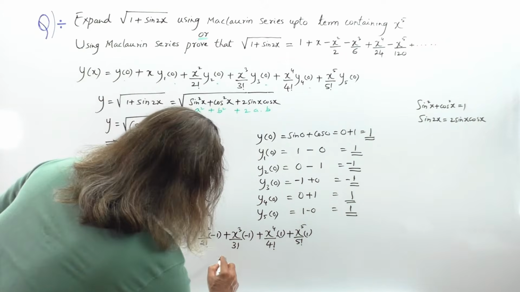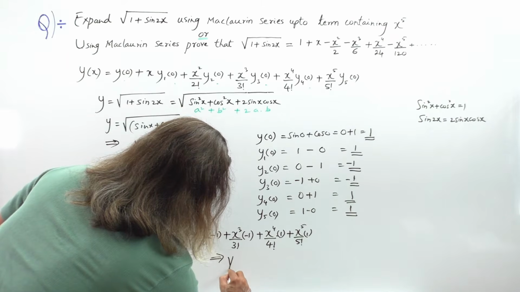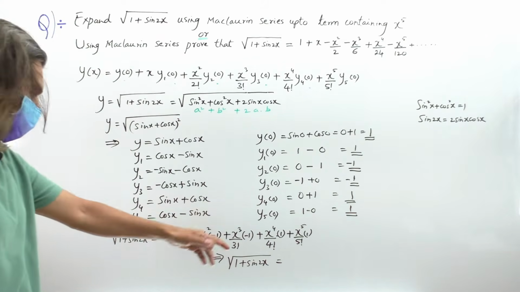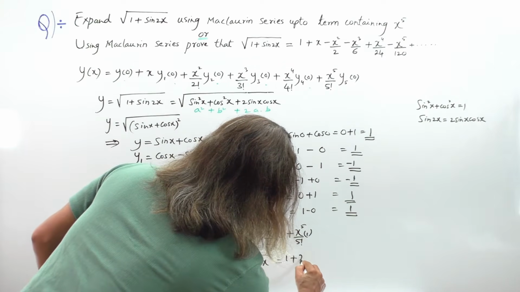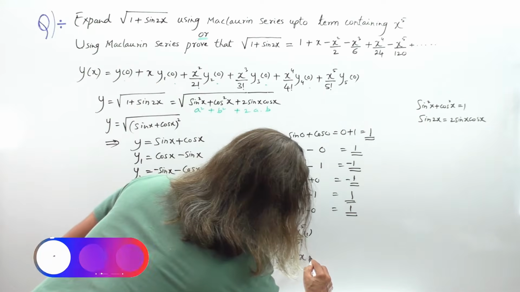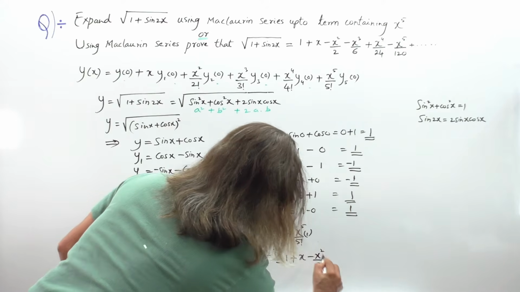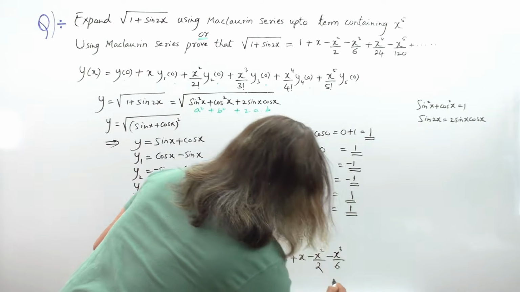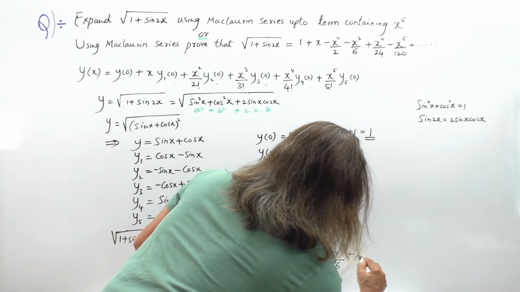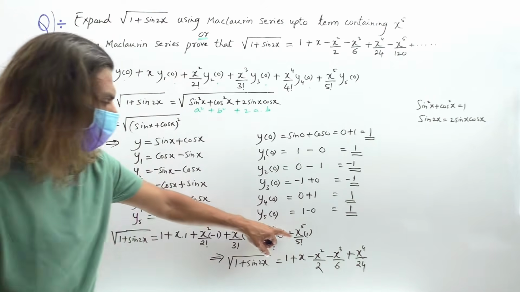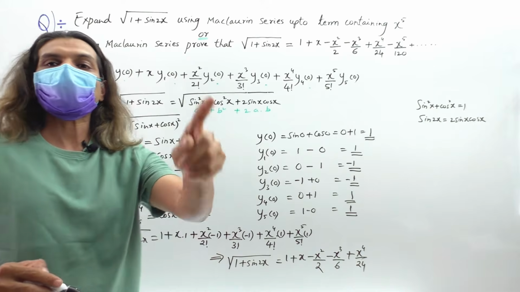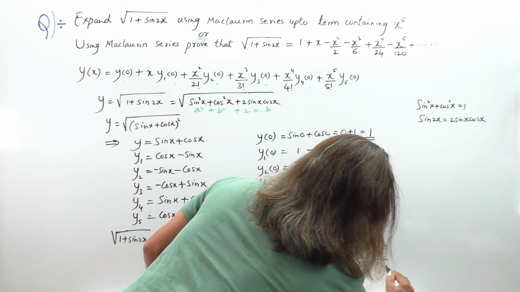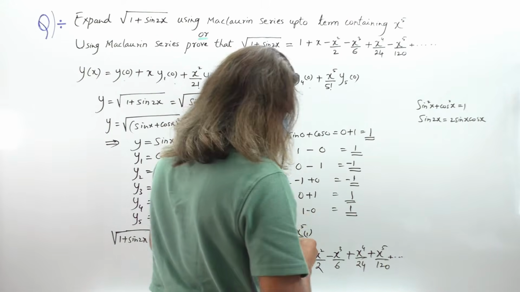That implies the answer: root of 1 plus sin 2x is equal to 1 plus x minus x square by 2 factorial, which is 2, minus x cube by 6, plus x to 4 by 24, and finally x to 5 into 1, and 5 factorial is 120, so plus x raised to 5 by 120. So this is the answer.